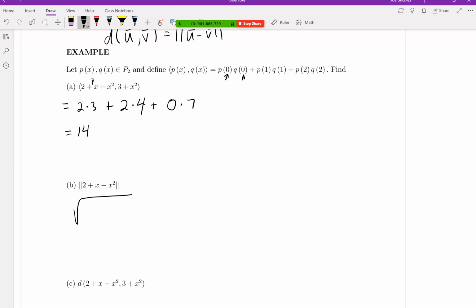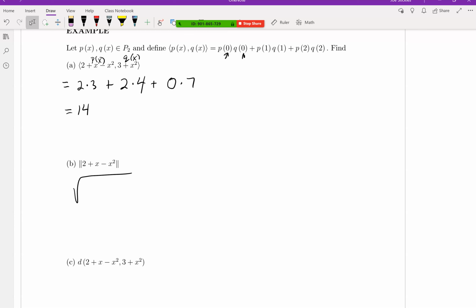So this is my P, and this is my Q. To get the 2, I just plugged in 0 for x and plugged in 0 for x here. That was where I got the 2 and the 3. Is that making sense? Yeah. Okay, cool.